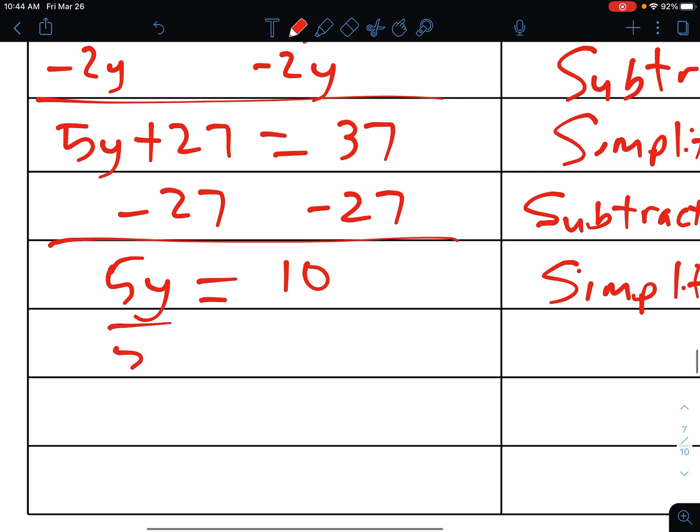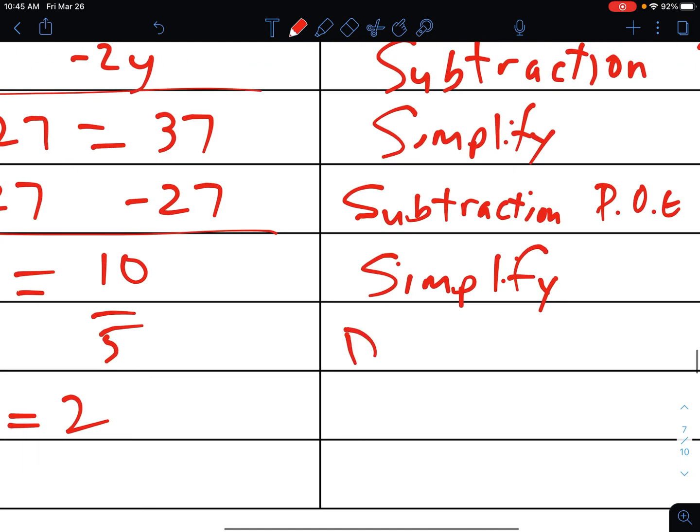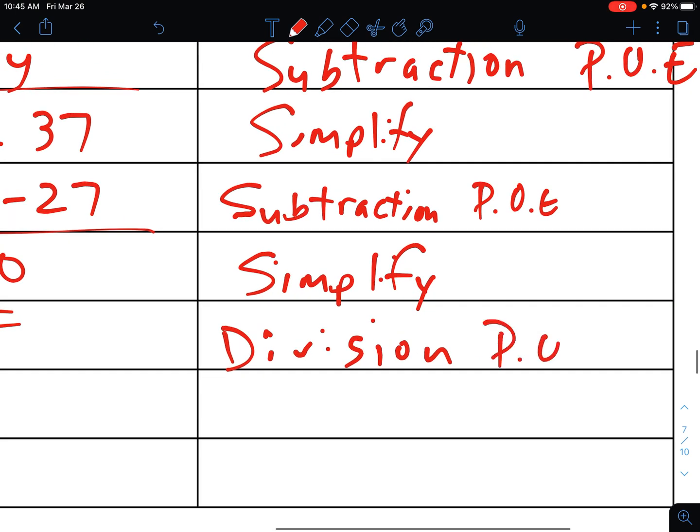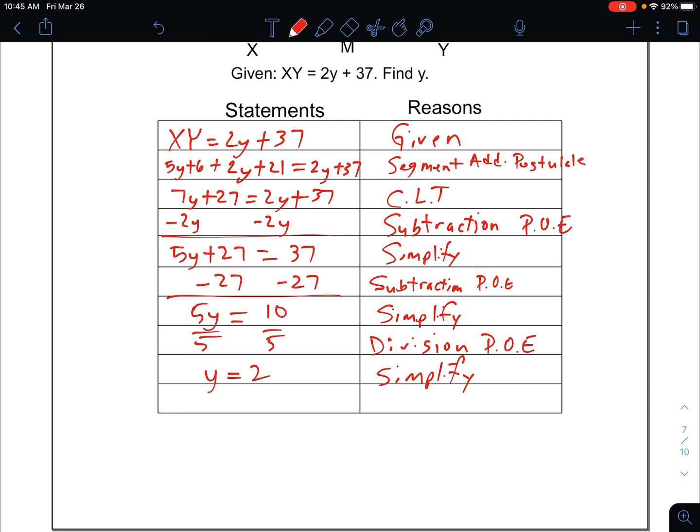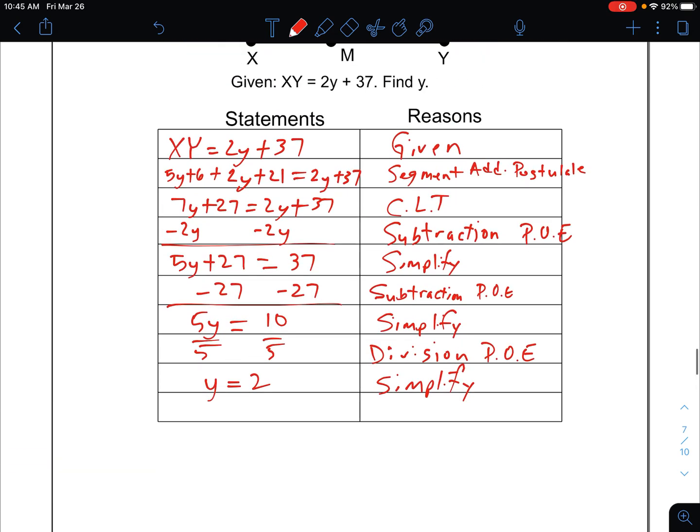And then divide by 5. So division property of equality, and then we simplified, and we've got y. All right, so that's the concept.